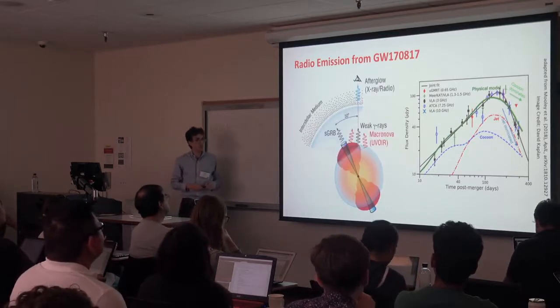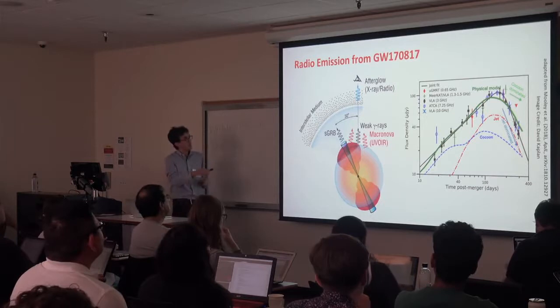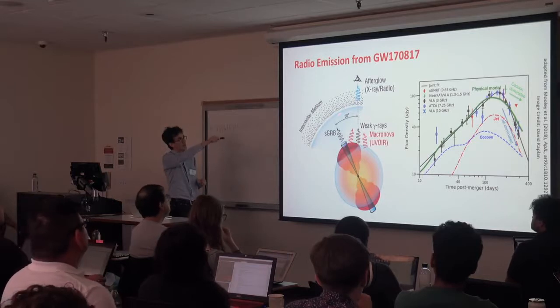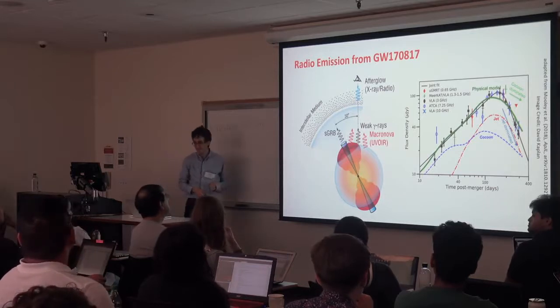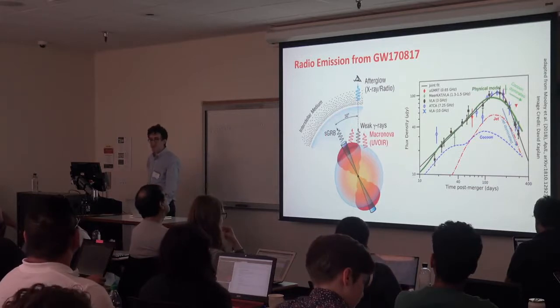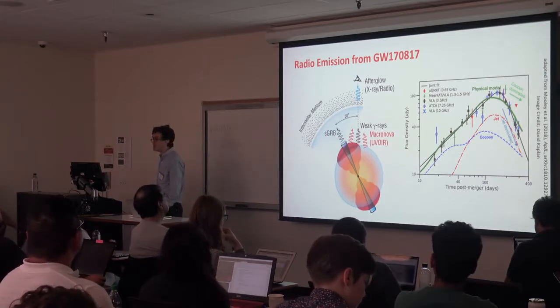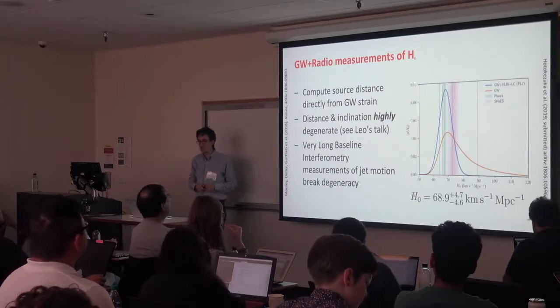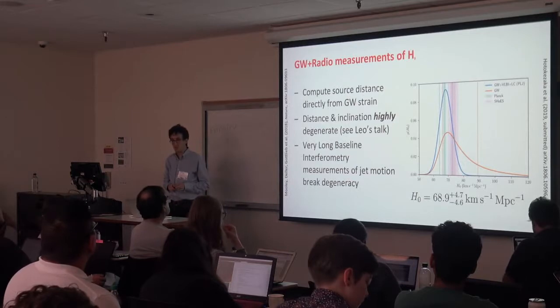So here's a cartoon that you've probably seen. The radio emission is coming from when you have this relativistic jet coming out and hitting the interstellar medium. In particular, figuring out the angle between the observer and the jet is very important. It enables you to determine the Hubble constant.